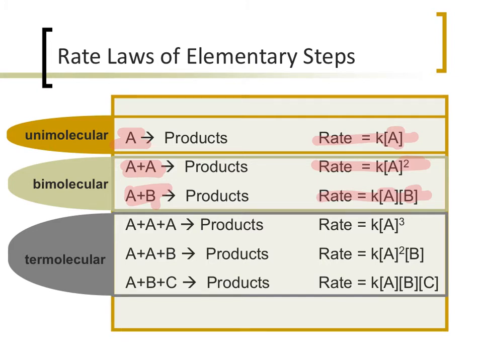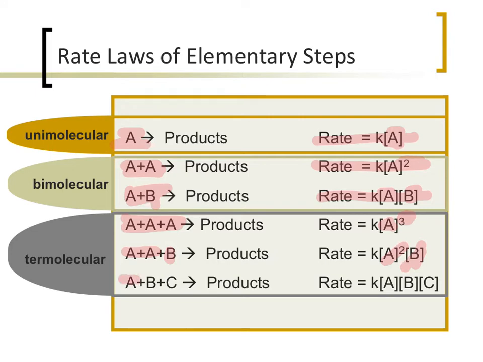Moving on to some termolecular situations, I could combine three of the same things, maybe make ozone, in which case we have A to the third power. Or I could combine two of the same things, A to the second power, but then have something different. So the concentration of that one would be to the first power.